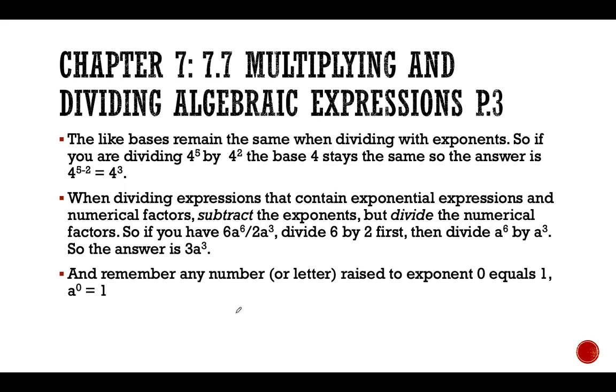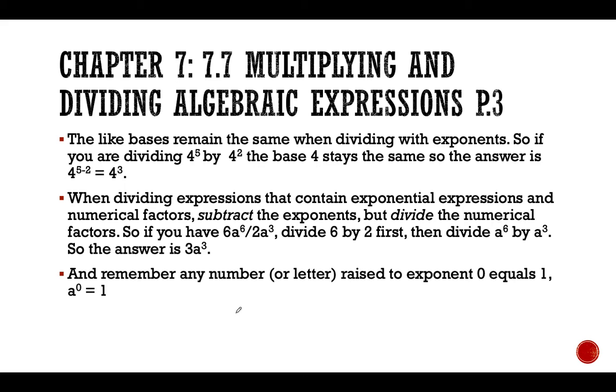So if you're dividing 4 to the 5th by 4 squared, 4 is the base, and that stays the same. So the answer is 4 to the 5 minus 2, which equals 4 cubed. When you divide expressions that contain exponential expressions and numerical factors, you subtract the exponents, but you divide the numerical factors.